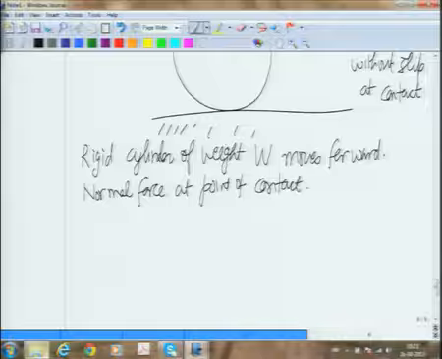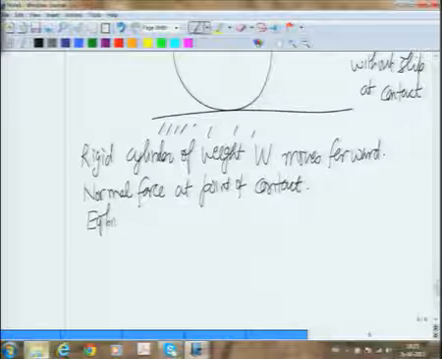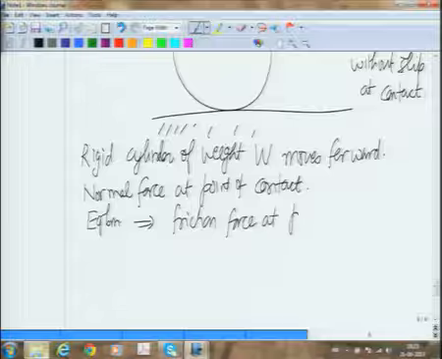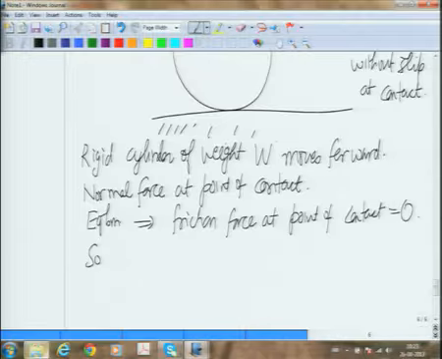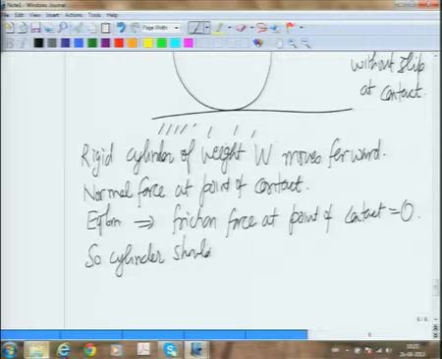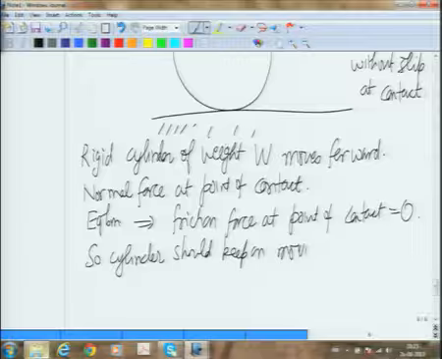Now at this equilibrium, it implies the friction force at the point of contact is equal to 0. So the cylinder should keep on moving.